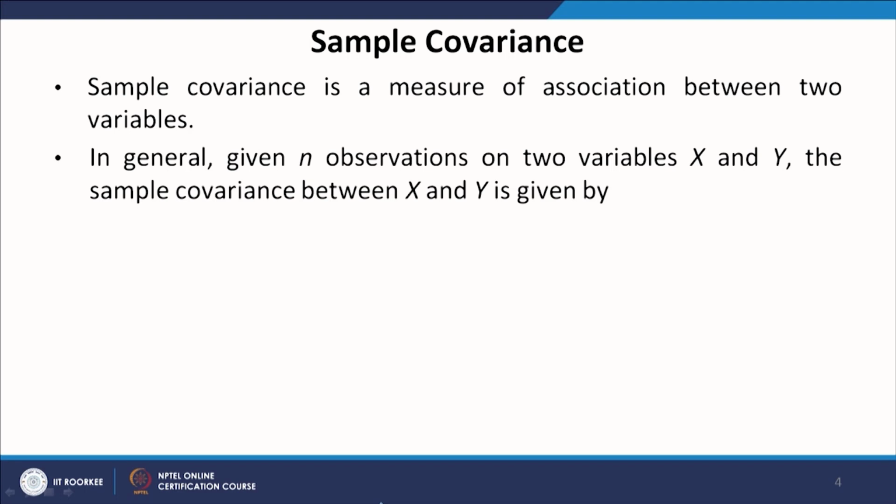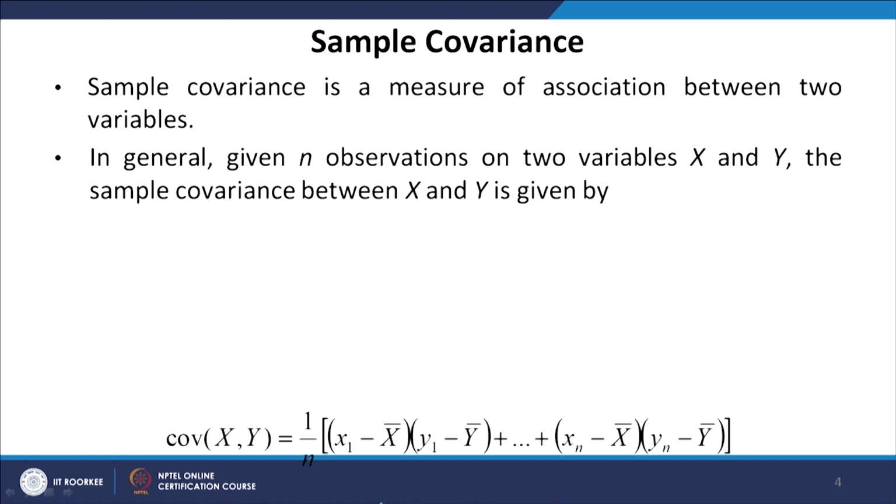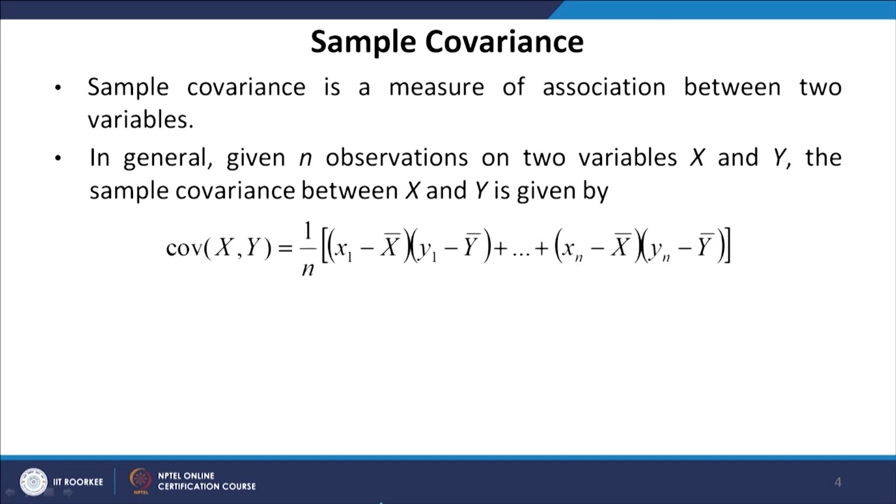So in general, given n observations on two variables x and y, the sample covariance between x and y is given by this expression or formula.